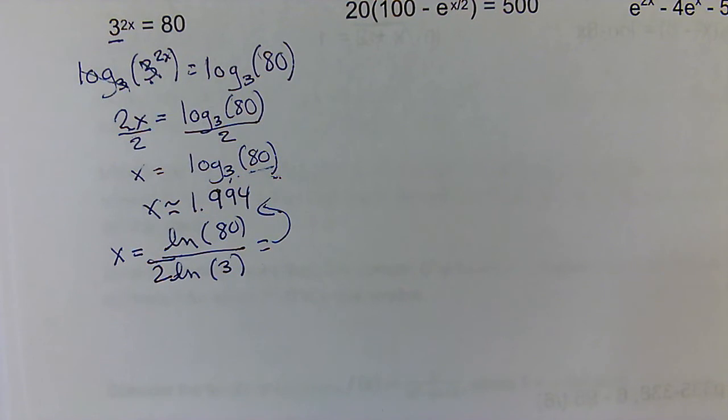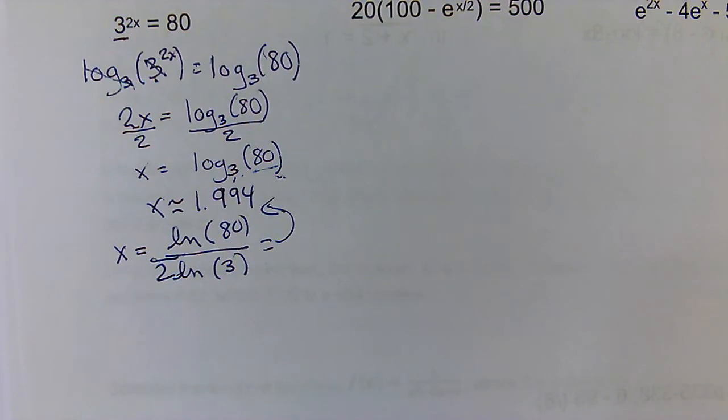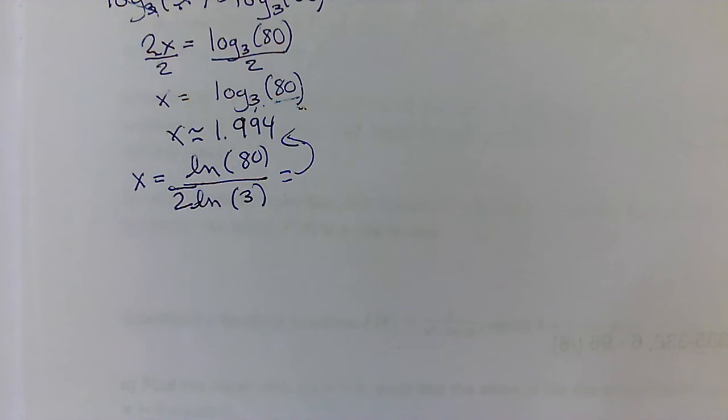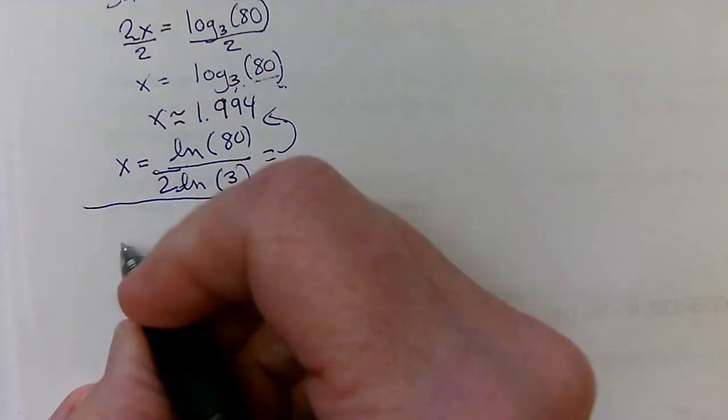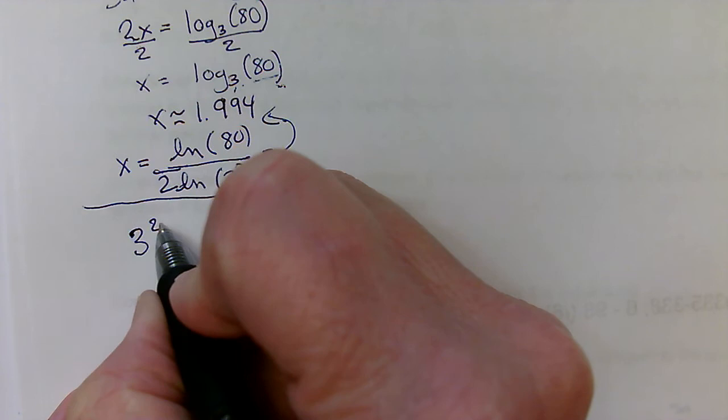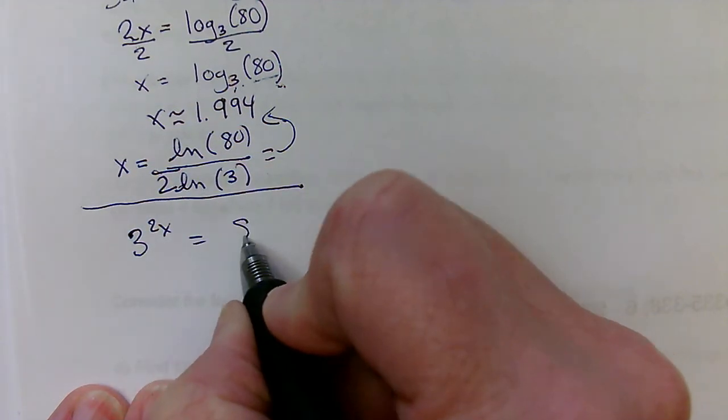Now, a third way to do this is to use whatever log you want. You don't have to use log base 3 as long as you're consistent about what log you're using. So again, I had 3 to the 2x equals 80.